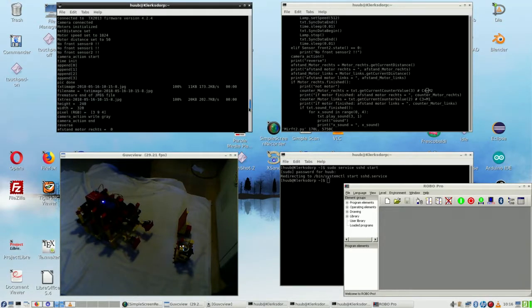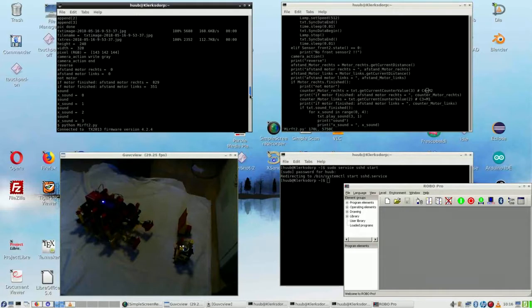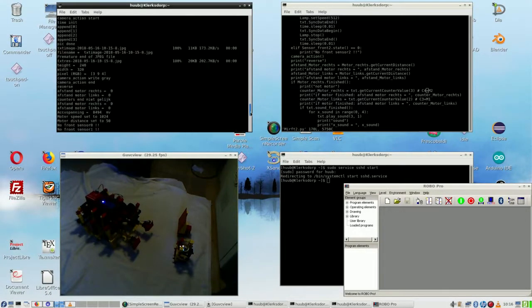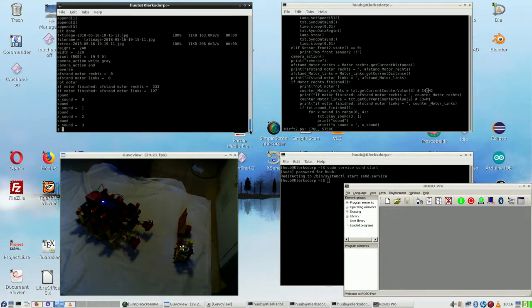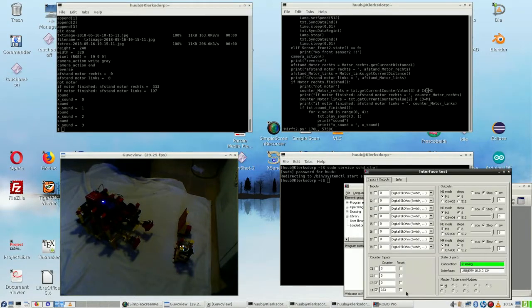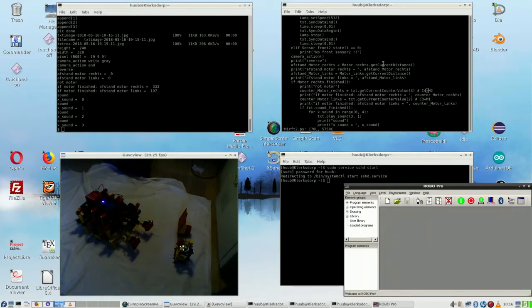Well, it is less than the other. Right, so I assume that they have been reset. And how much are they now? Okay, yeah. So they did reset. What I'm less pleased with is, of course, the current distances, because they are absolutely zero.